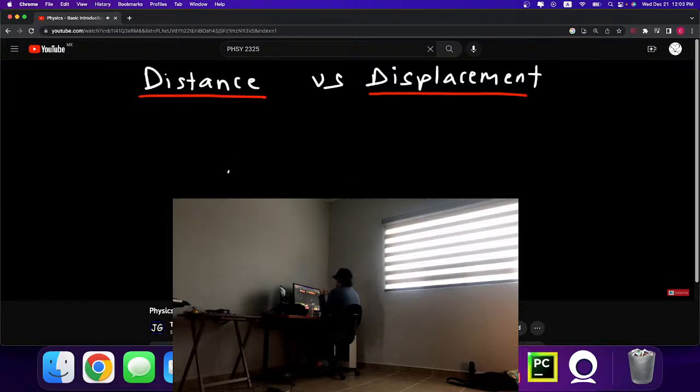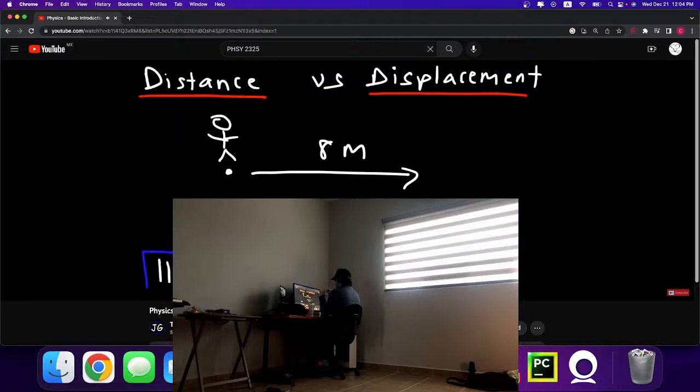So let me give you an example that distinguishes distance and displacement. Let's say you have a person, let's say John, and he's at this position right here, and he decides to walk, let's say, 8 meters east, and then he turns in the other direction and travels, let's say, 3 meters west. The total distance that John travels is 8 plus 3, or 11 meters.